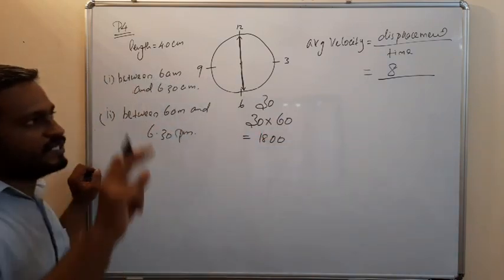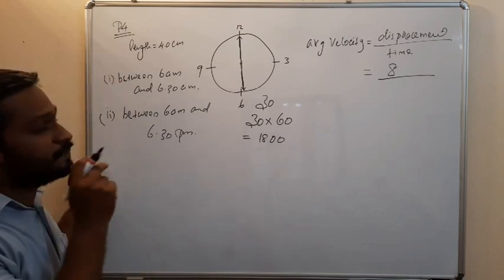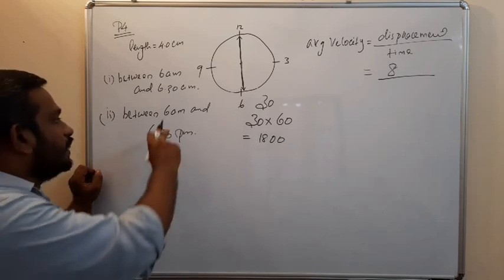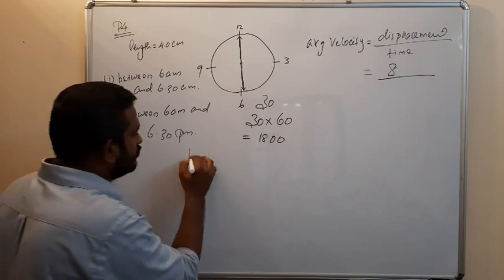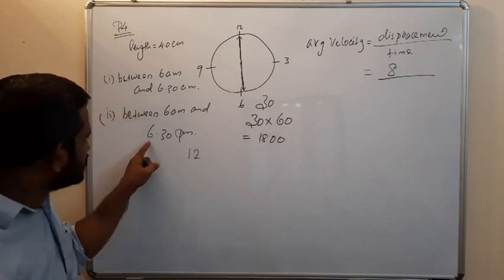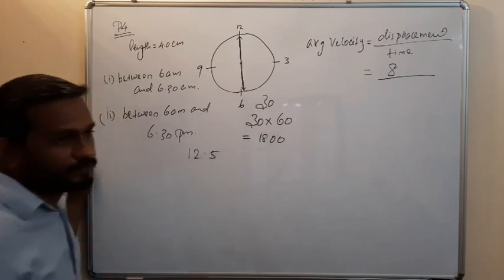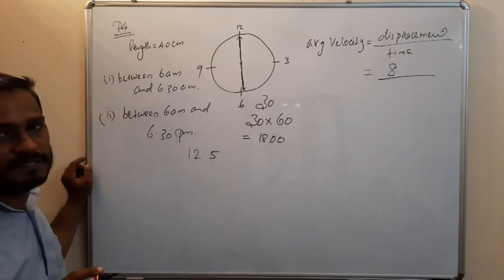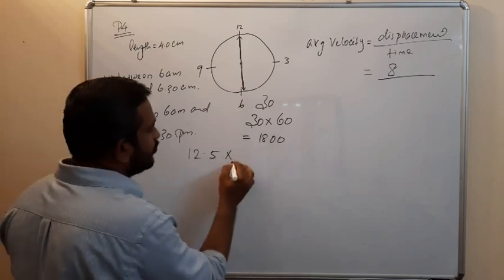How much time to reach 6:30 p.m.? From 6 a.m. to 6 p.m., that is 12 hours, plus 30 minutes. So 12 hours and 30 minutes, that is 12.5.